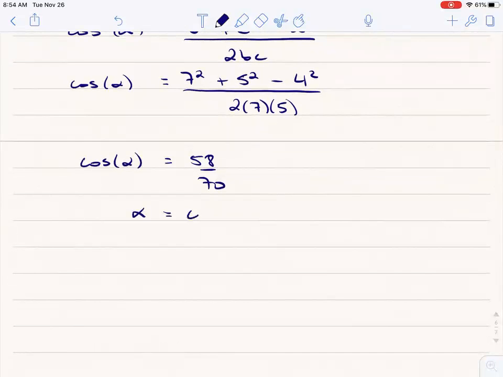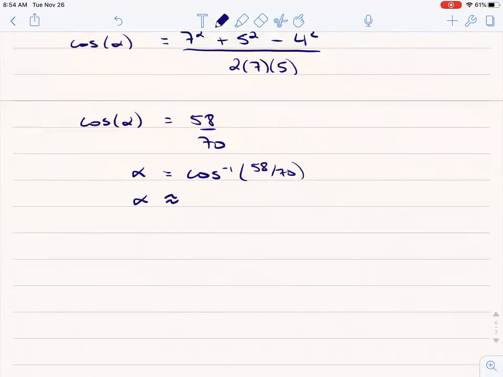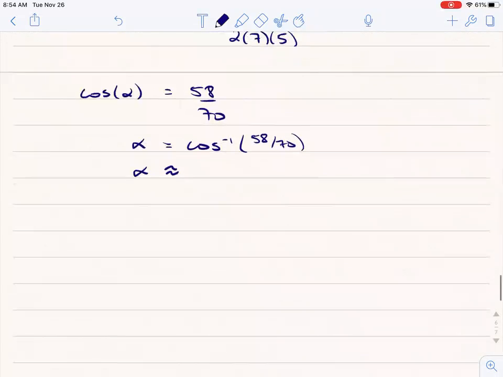So solving for alpha, we've got the inverse cosine of 58 over 70, which is 34.04773237.